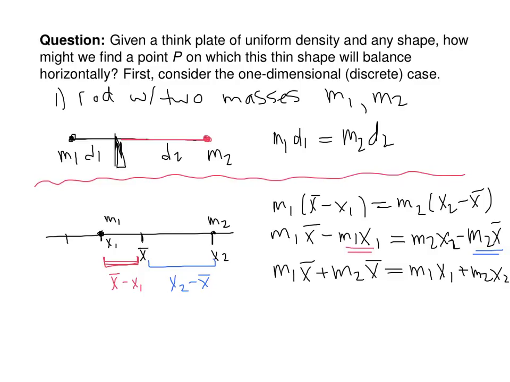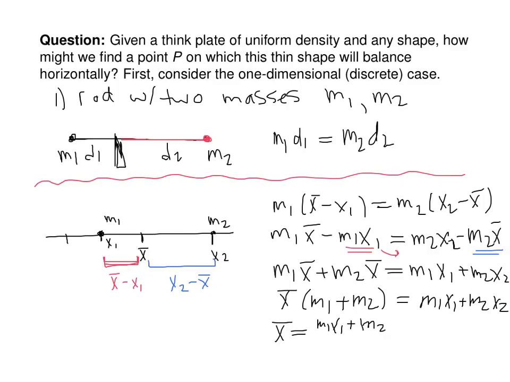I moved this over there. Now factor out that x bar times m1 plus m2 is equal to m1 x1 plus m2 x2, or x bar is equal to m1 x1 plus m2 x2 over m1 plus m2.